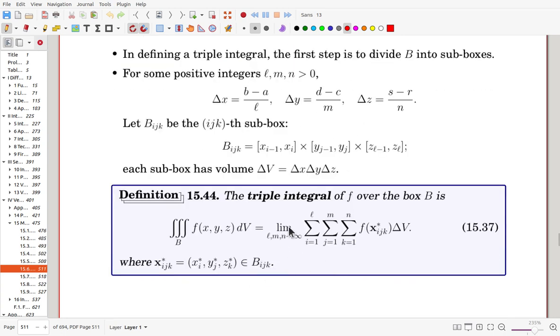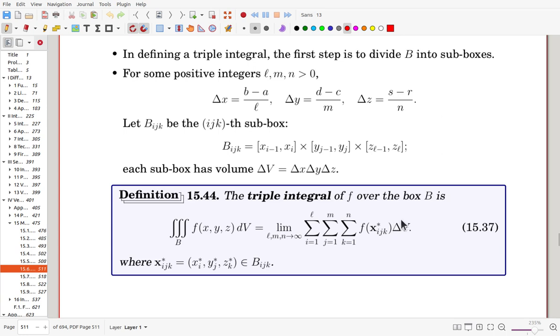Here the triple integral of f over the box B is defined in this way. Triple integral over B of f of x, y, z dV. Now this is the volume element. Here this is the Riemann sum.